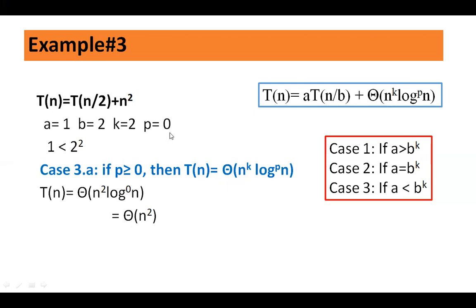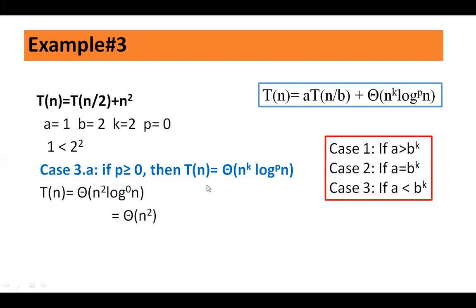Now again, let us check to which case it belongs. Here you have A equal to 1 and B raised to K, that is 2 raised to 2, that is 4. So it belongs to case 3, A is less than B raised to K. And again, look at the value of P, because there are subcases under case 3. P is greater than or equal to 0, so it is case 3a.